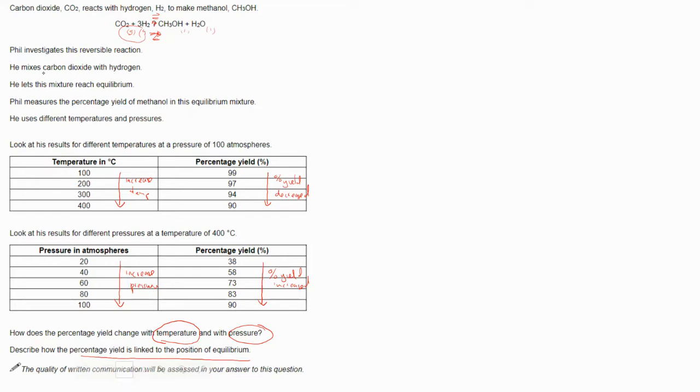So how does the percentage yield change with temperature? We'll do that bit first. When we're describing a trend, we always say as the something either increases or decreases, the something else increases or decreases. So as the temperature increases, the percentage yield decreases.